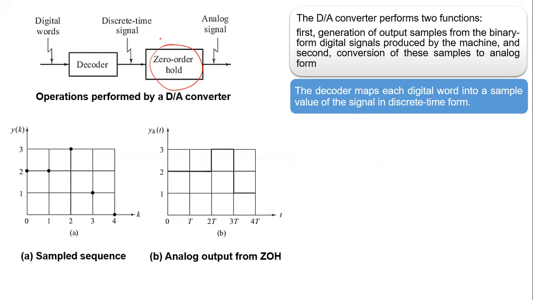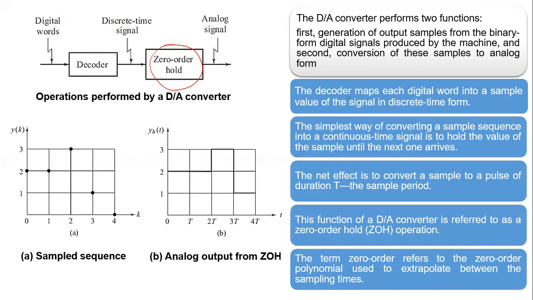The decoder maps the digital or binary representation to the discrete, quantized values. The second step is holding the value at a particular sample and then changing the value when the sample magnitude changes, right? This is done by the zero order hold circuitry.